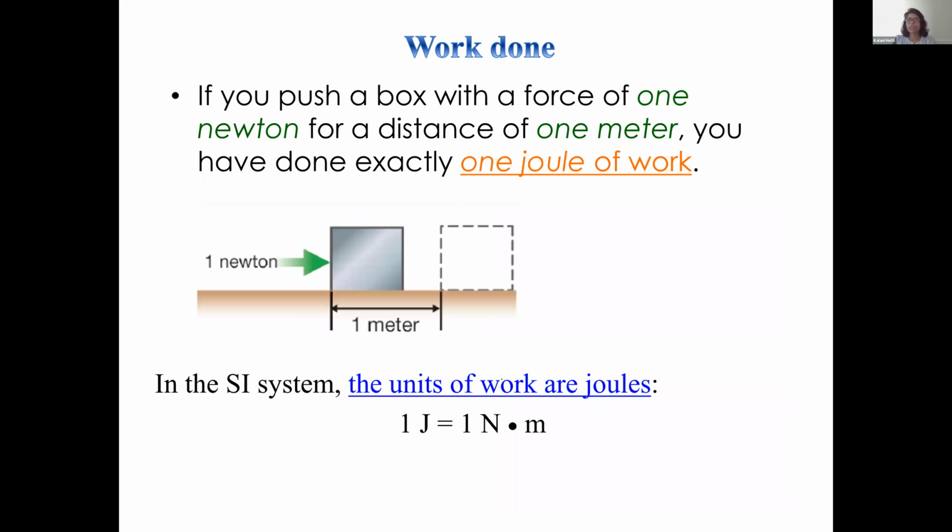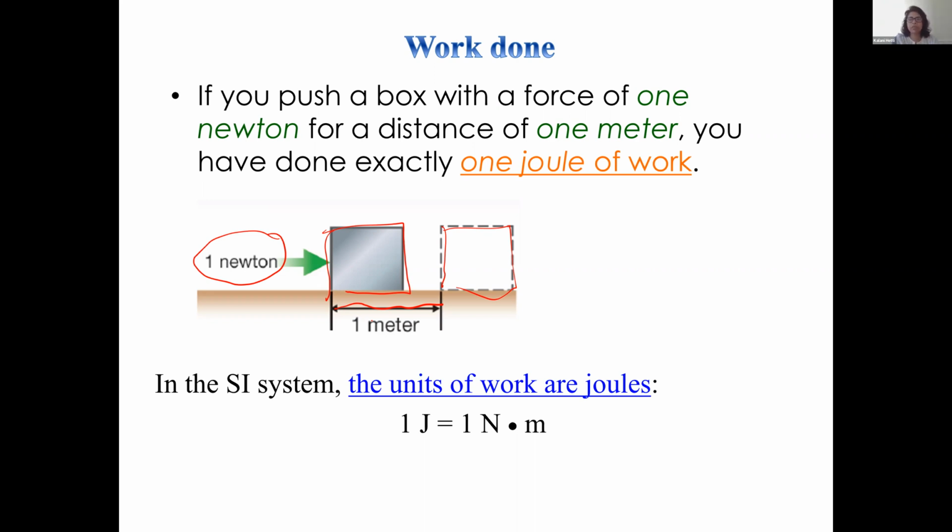So now what is the definition of work done? A simple example: we talk about forces and we talk about displacement. If I apply 1 Newton of force to an object and it travels 1 meter, now we say that we did work on this object, and that work done will be 1 joule.